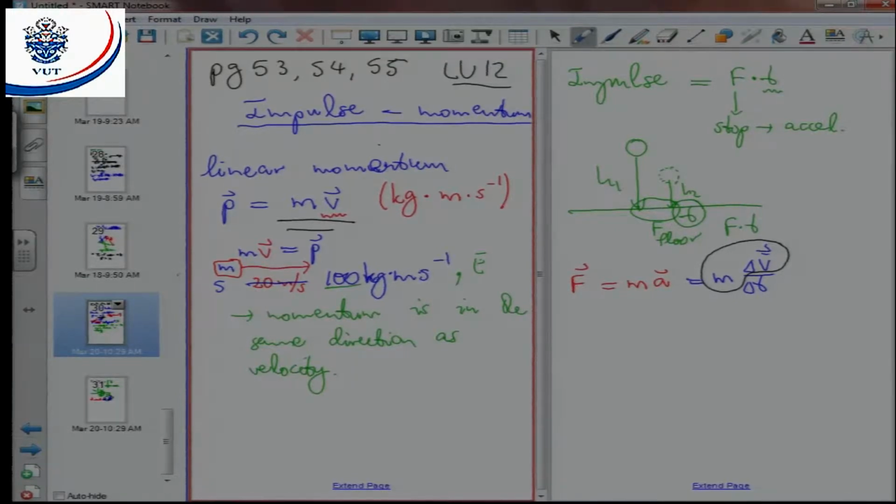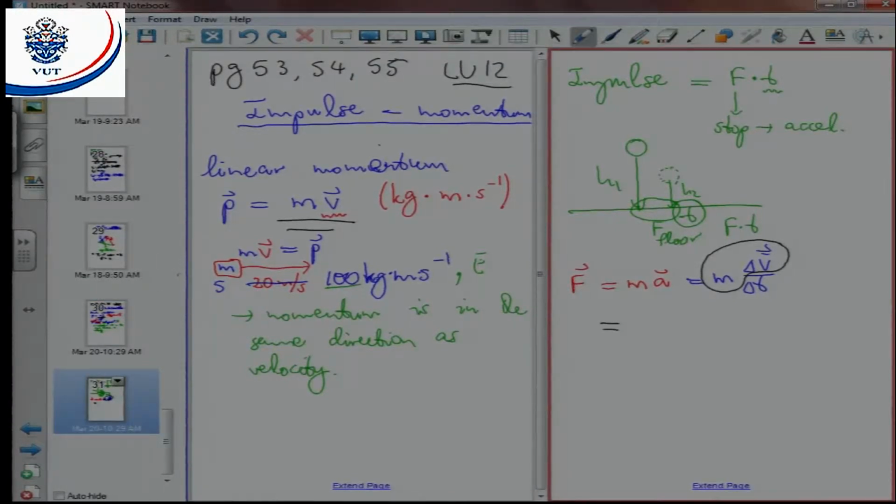So I can just write F is equal to, because this is a change, I must also have a change, and then mv is just momentum. So then it's change in momentum over change in time, which is equal to the force. And you can see from here that the change in momentum will then be equal to the force times the change in time.